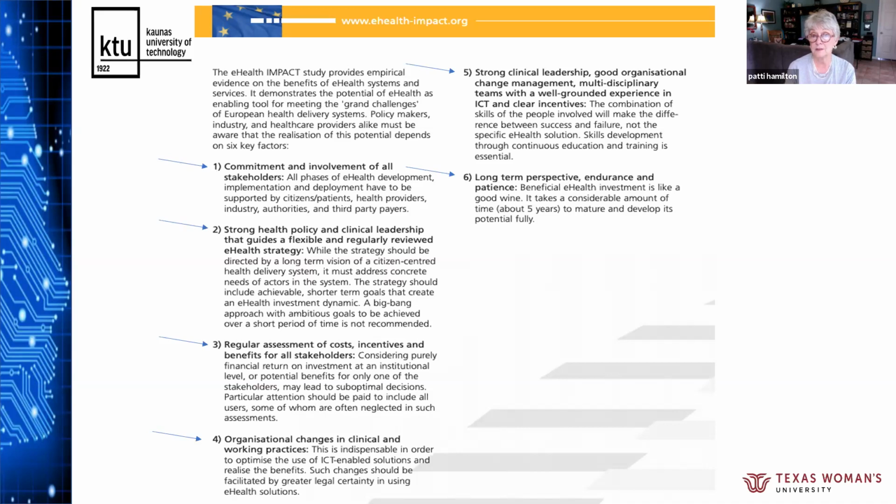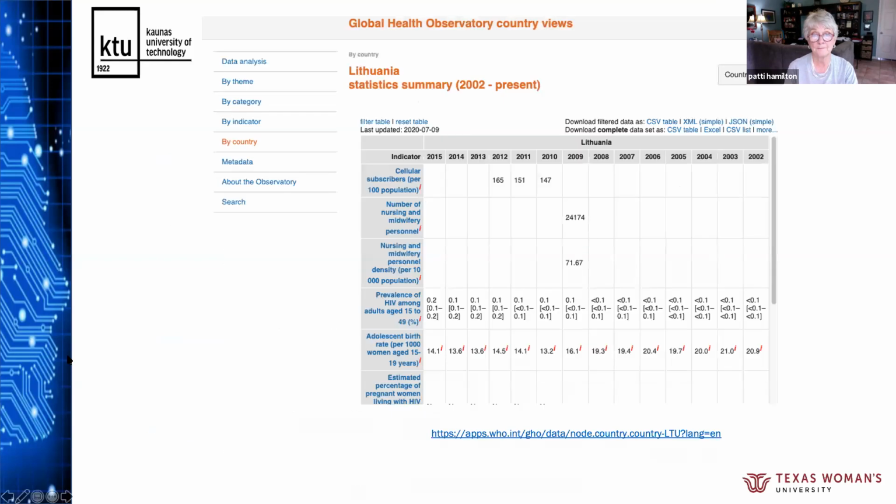The patience to, as they say here, let beneficial e-health investments mature like good wine. It takes a considerable amount of time to mature and develop its potential fully. So I just thought those were interesting and wise observations by the people preparing the report in 2006. They knew what they were talking about.